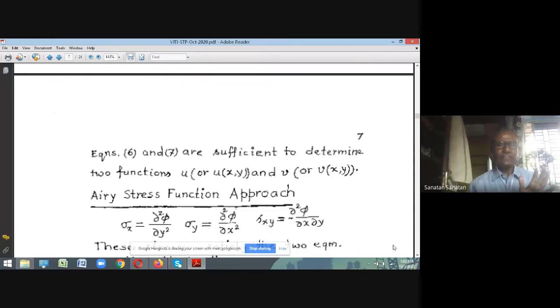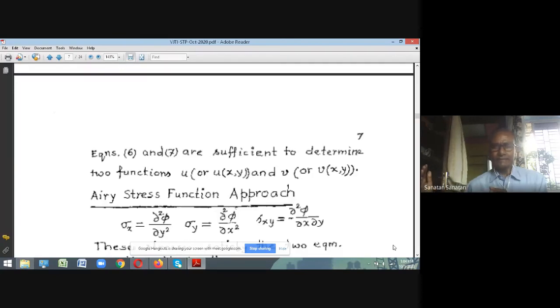And now, if you try to consider that body to be separated into two segments, the left segment is fixed at the left end and subjected to some loading at the right end, so it has some displacement in the x direction, which I call u1. Similarly, the segment on the right side is going to have some displacement u2 towards the load direction.